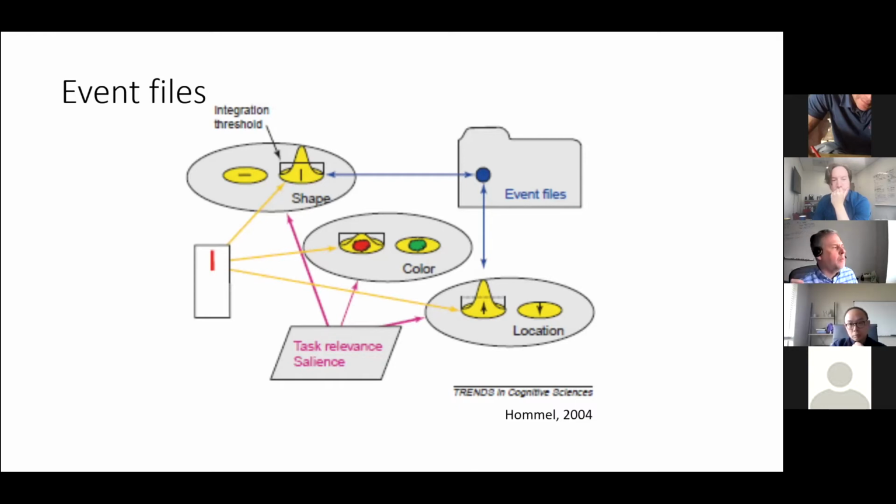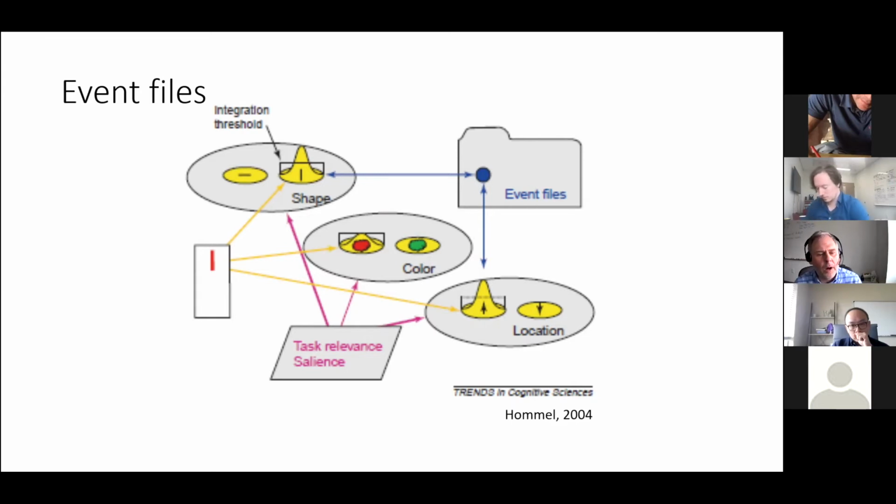One, he made location less essential, not the primary key by which the files were indexed. And another important innovation is that he added response features to the file so that they weren't just about the stimulus, but about the response associated with them. And the idea is that when you made this response, all this information got integrated together, and then it was used in subsequent response selection events.